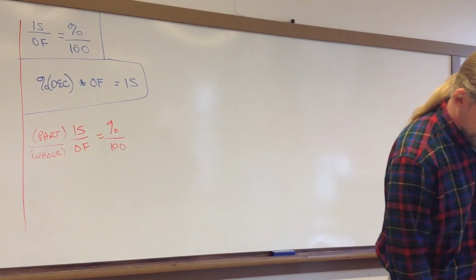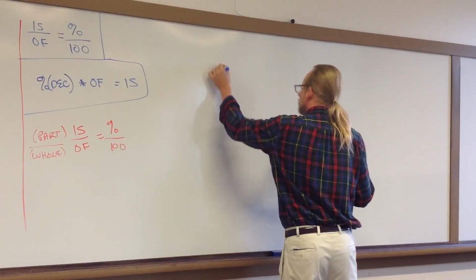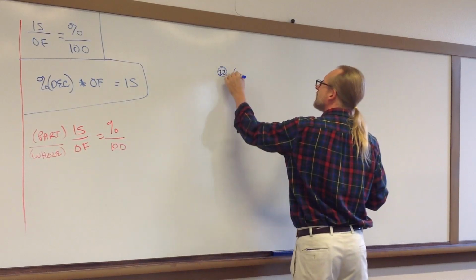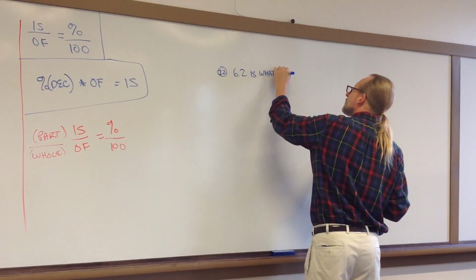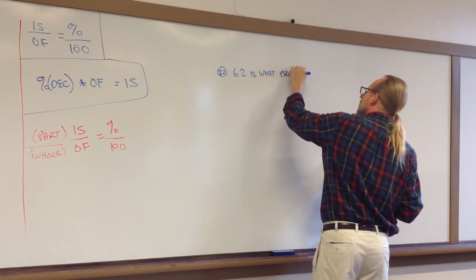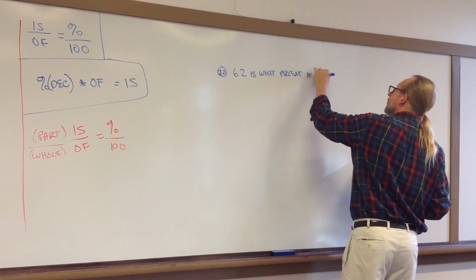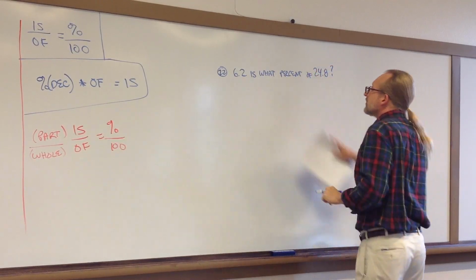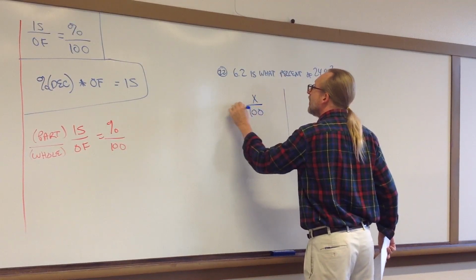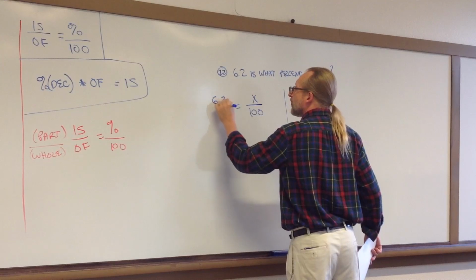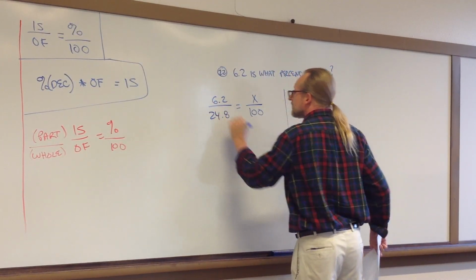This is where we're looking for the percent. 22 says 6.2 is what percent of 24.8. Okay, so we're looking for the percent. So that's going to be our unknown. Is 6.2. Of is 24.8.